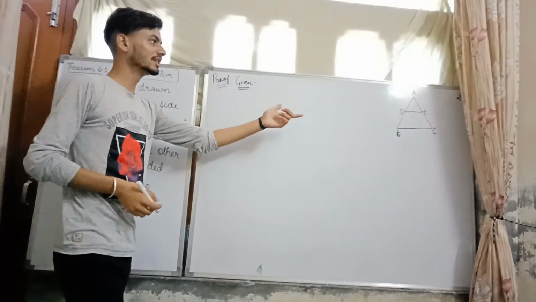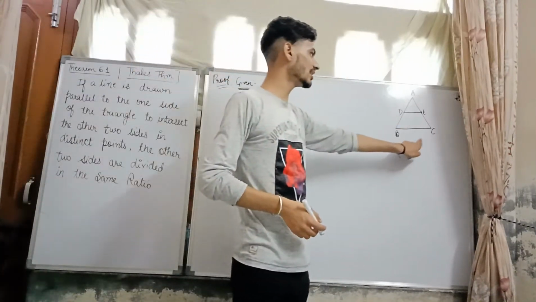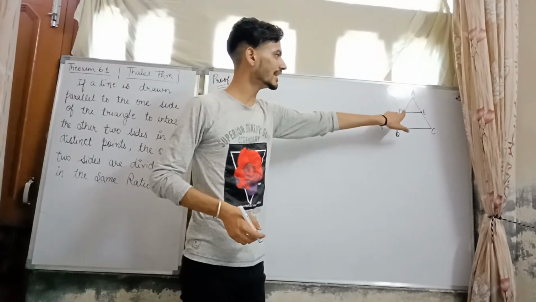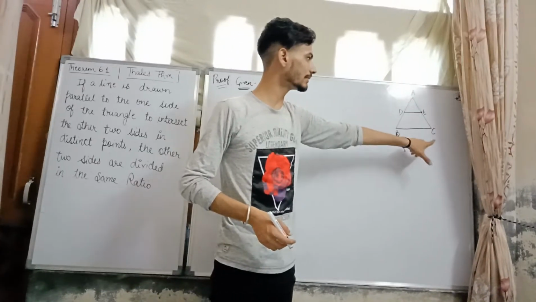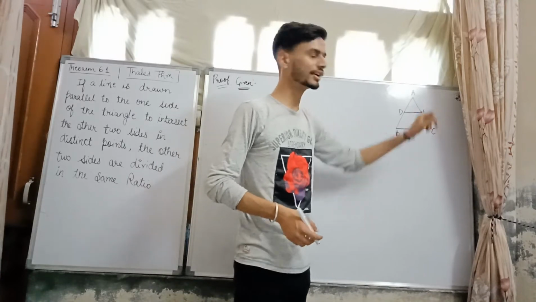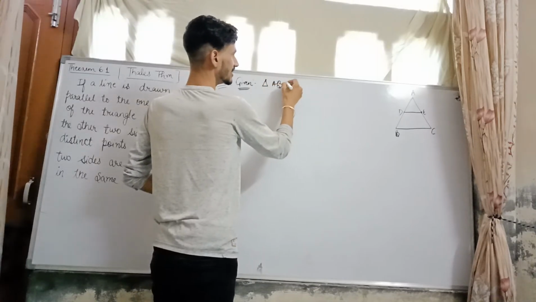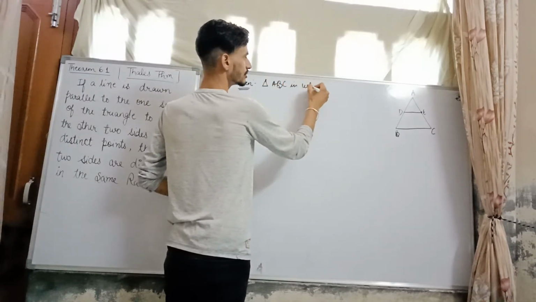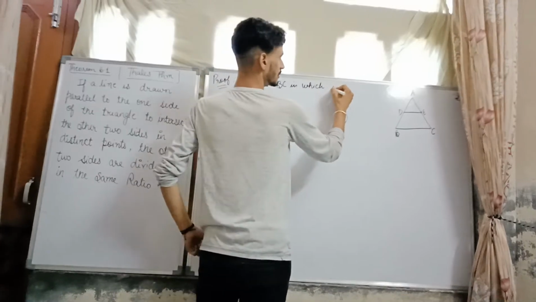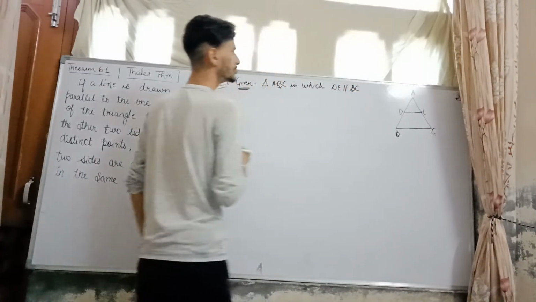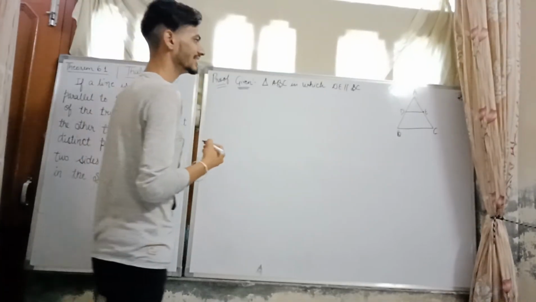In the given triangle, the line DE is parallel to BC and it intersects the side AB at point D and the side AC at point E. So, in the given we have a triangle ABC in which DE is parallel to BC.